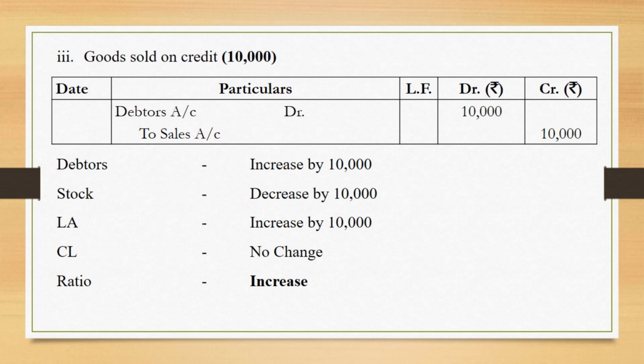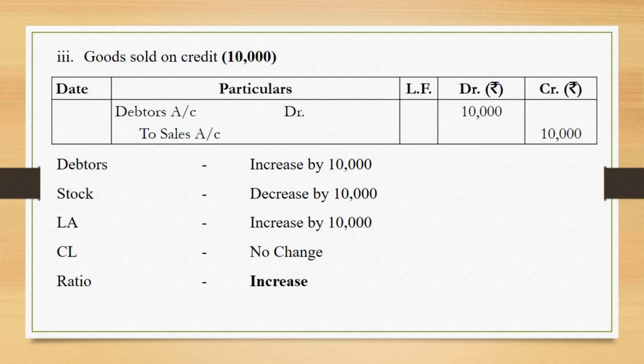Next transaction, goods sold on credit, rupees 10,000. Because the goods are sold on credit, the entry is very simple, that is debtors account debited to sales account. Because the goods are sold on credit, the debtors will increase by 10,000, and because the goods are sold, stock decreases.